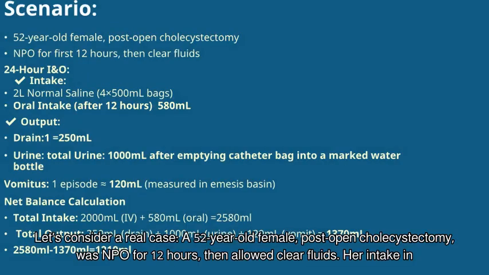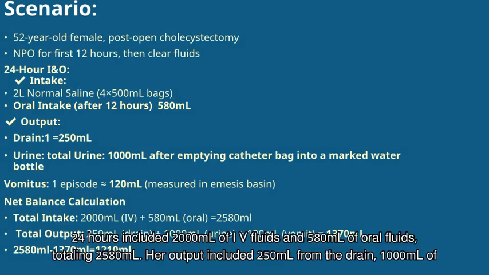Let's consider a real case. A 52-year-old female, post-open cholecystectomy, was NPO for 12 hours, then allowed clear fluids. Her intake in 24 hours included 2,000 milliliters of IV fluids and 580 milliliters of oral fluids, totaling 2,580 milliliters.